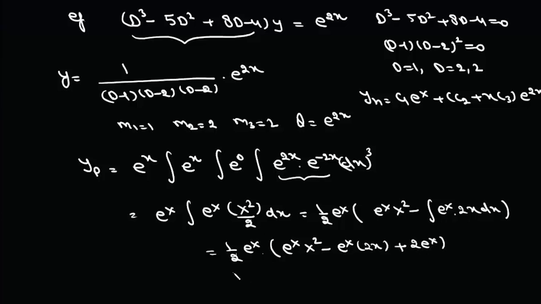So we'll take e to the power x out, so it will be this 1 by 2 e to the power 2x, x square minus 2x plus 2, and that's your yp.